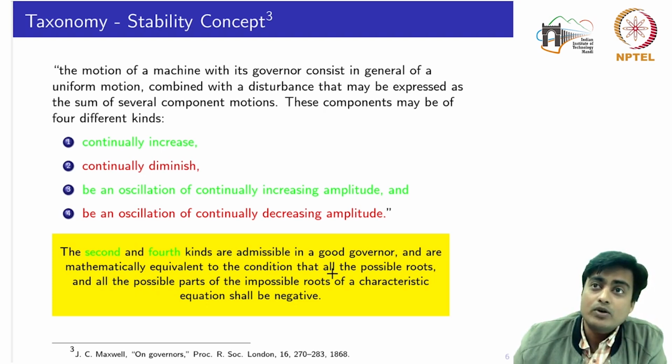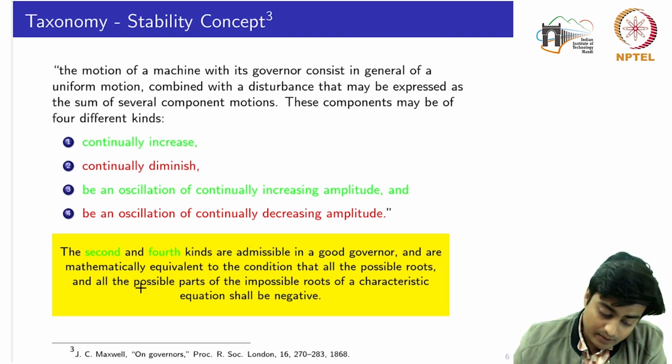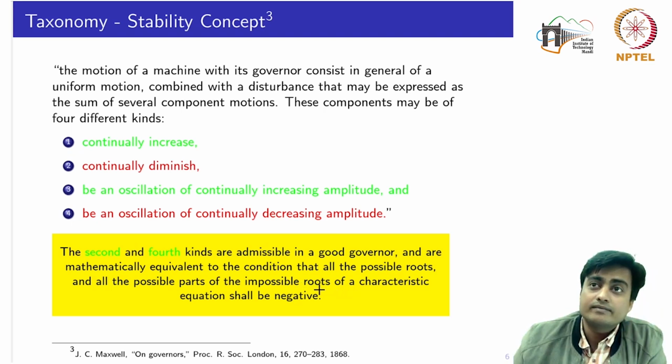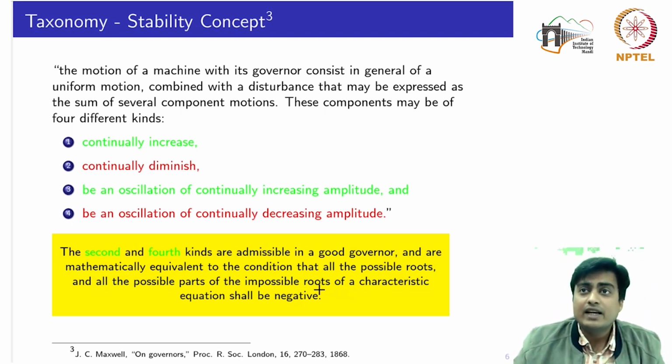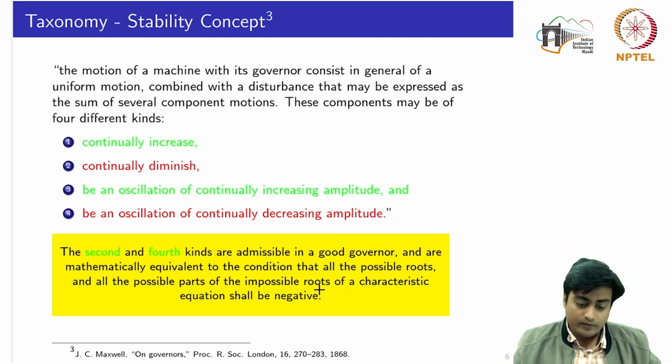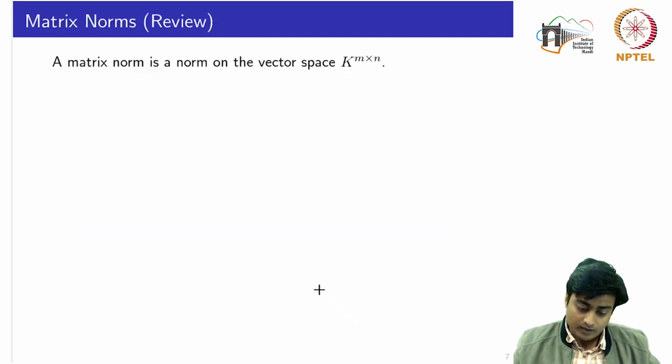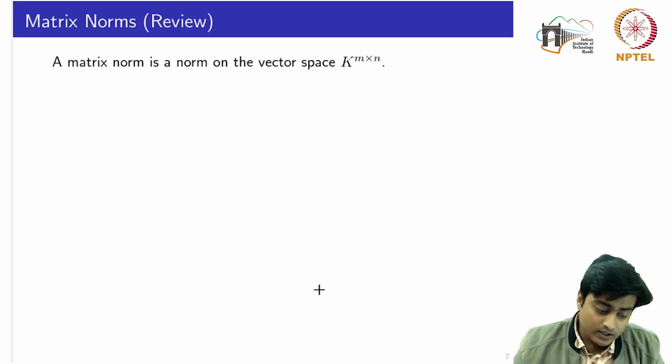If the root is impossible, meaning if the root is complex, then the real part of that complex root of a characteristic equation shall be negative. We will see the connection of the negative and positive eigenvalues or the roots of the characteristic polynomial in the sense of Lyapunov as well.